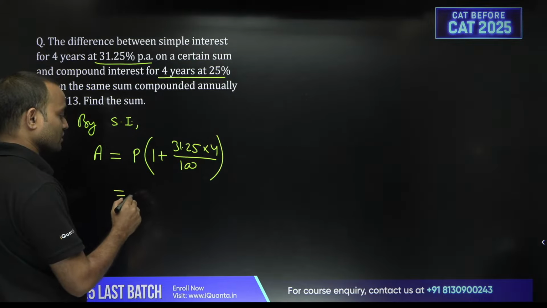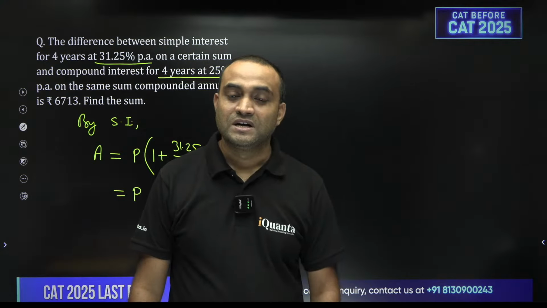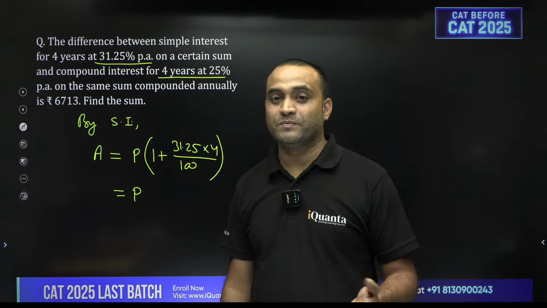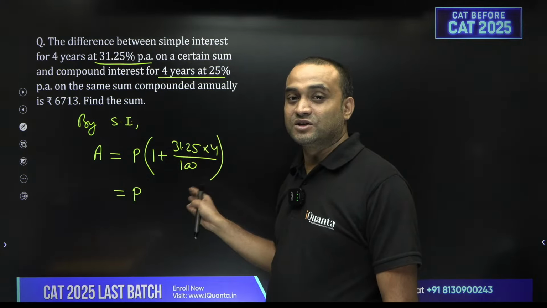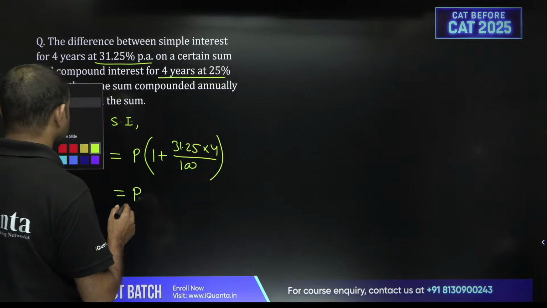This will be equal to P into, now what is 31.25? 31.25 is nothing but 5 by 16, right? So into 4, 20 by 16 into 100. So what this will become is 5 by 4.